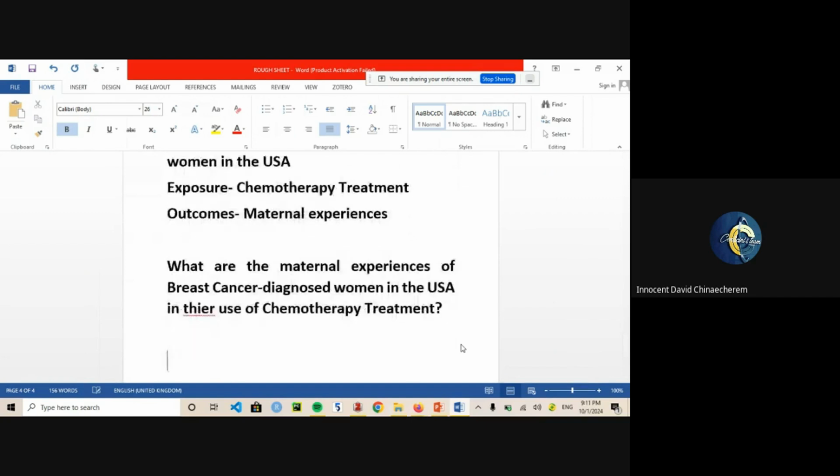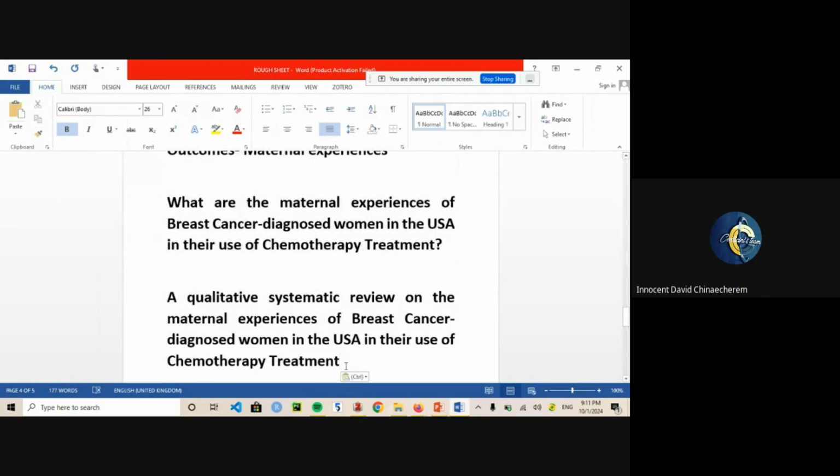So I could now put it this way: if my title for my systematic review, I could just take this, maybe prefix it with a qualitative systematic review on the maternal experiences of breast cancer diagnosed women in the USA in their use of chemotherapy treatment. And that is my question, right? Good.